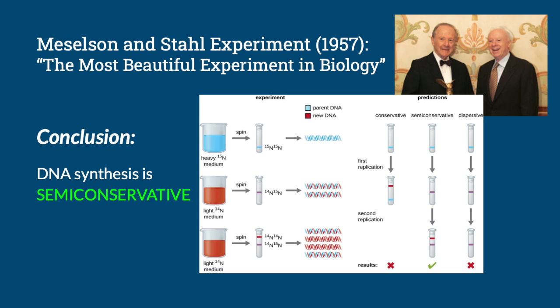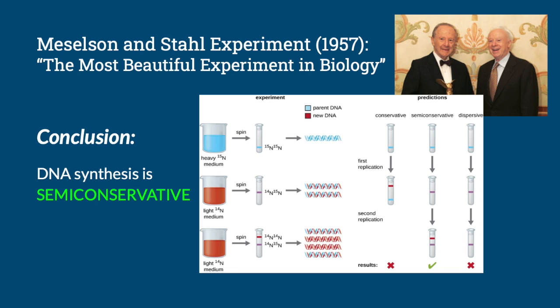To know which of these three would be the accurate model, in 1957, Meselson and Stahl conducted an experiment. They cultured bacteria in a heavy isotope of nitrogen, thus yielding dense DNA. After that, they shifted the culture to a light isotope of nitrogen medium.